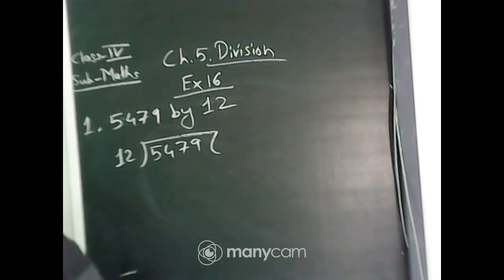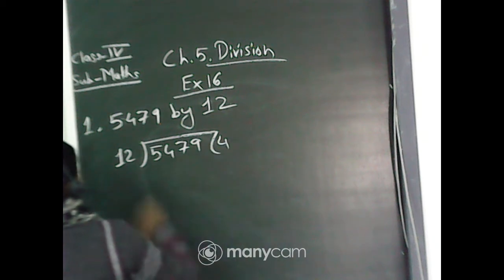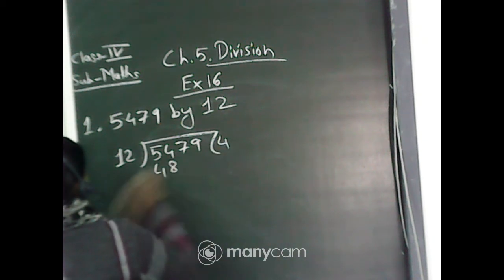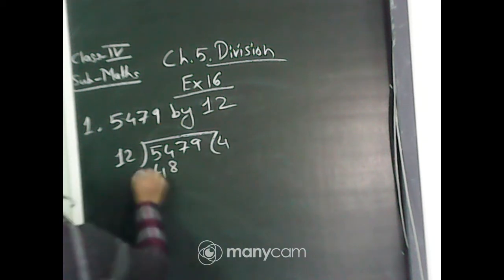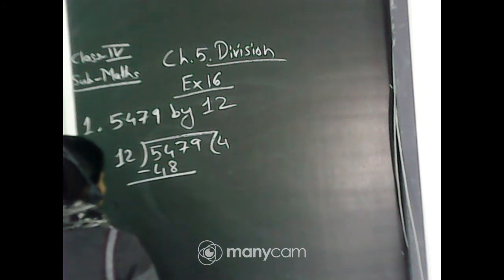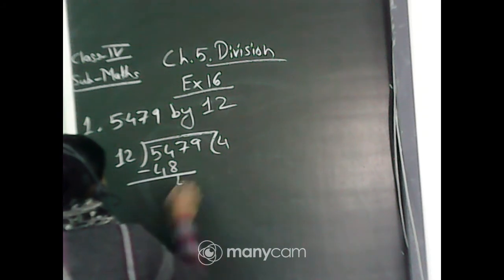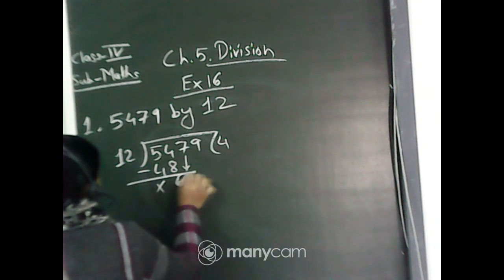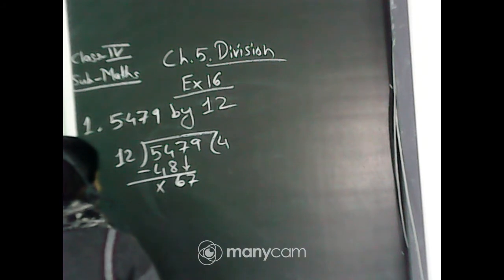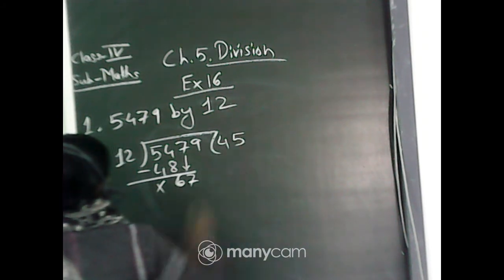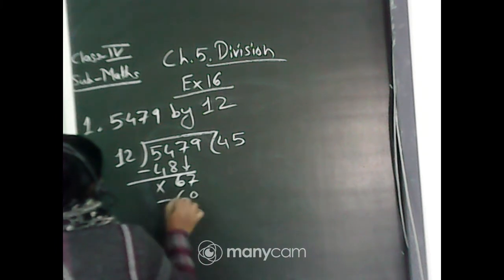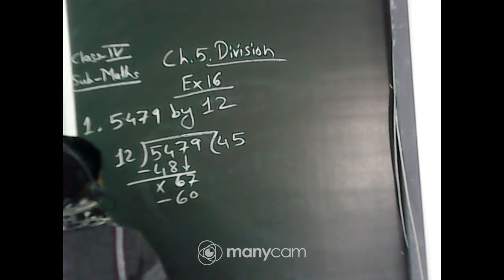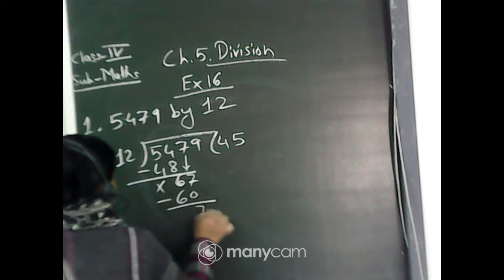Okay, let us divide 12, 5, 4, 7, 9. 4s are 48, isn't it? Subtraction: 8, 9, 10, 11, 12. Sorry, 12, 13 and 14. That means 6. This will be 0. Now 7 will come down. Now 5s are 60. Subtract, 7.